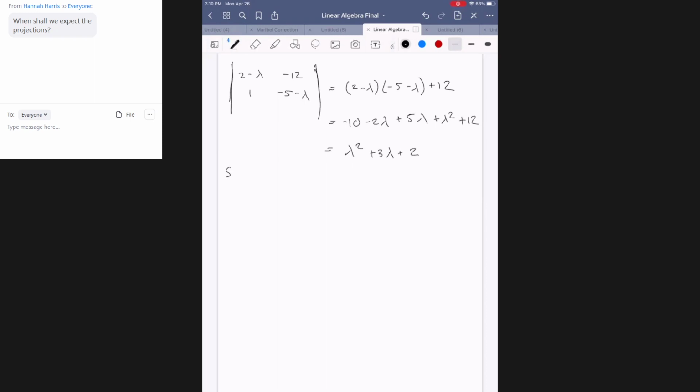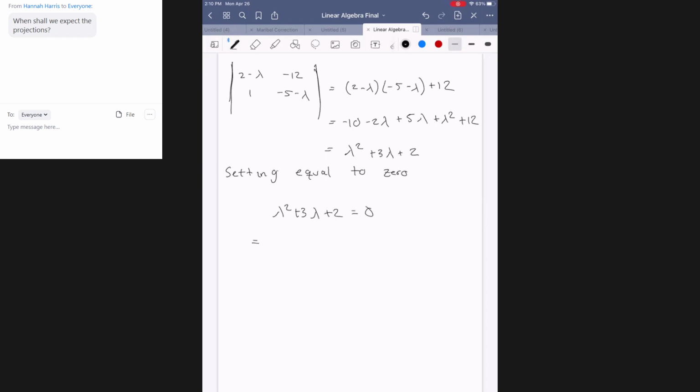Okay, now you set this equal to 0, right? You get lambda squared plus 3 lambda plus 2 is equal to 0.